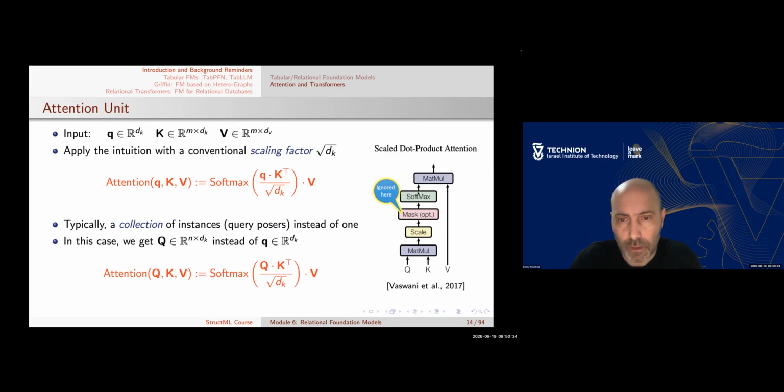Then a softmax for a weighted average, and then a multiplication.